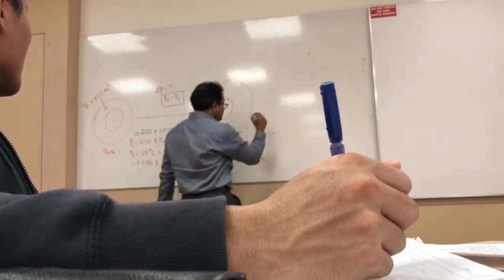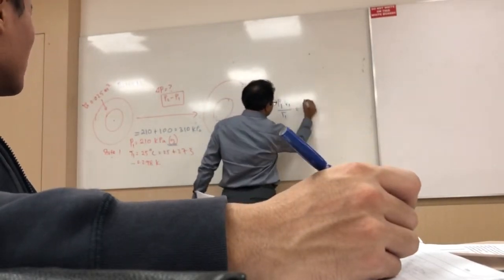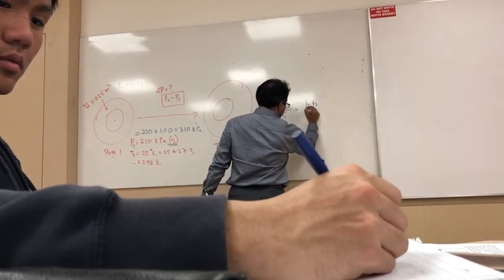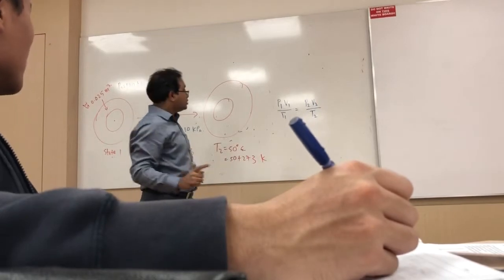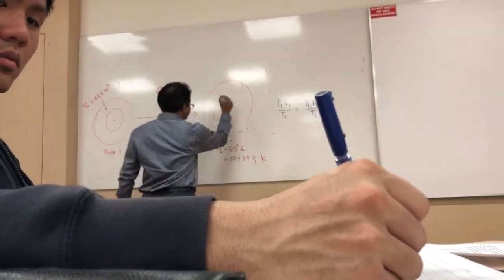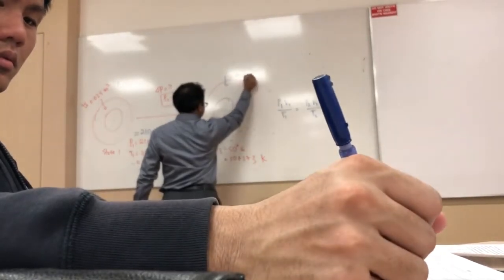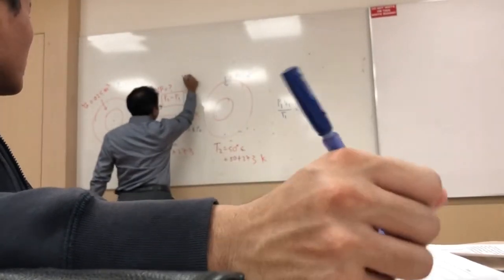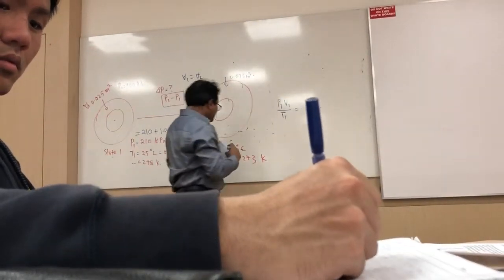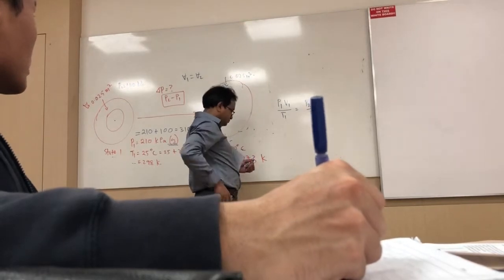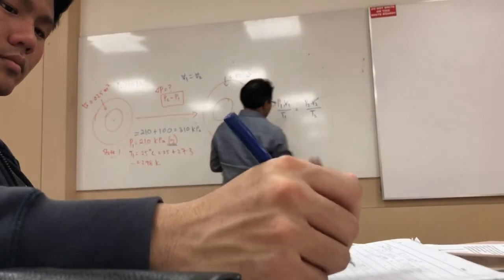Okay, do you remember I told you, you can use P1 V1 by T1 equals P2 V2 by T2. Remember, right? In the class I told you. This is a constant volume process, the volume is 0.025 meter cube, so V1 and V2 are the same, and I can neglect V1 and V2.